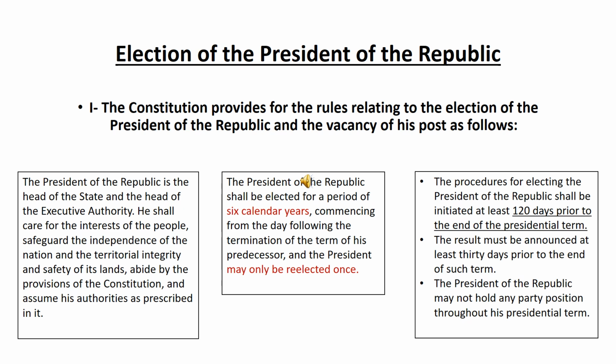The result must be announced at least 30 days prior to the end of such term. The President of the Republic may not hold any party position throughout his presidential term. So whenever he becomes president, he is not allowed to become a member of any party in the country.